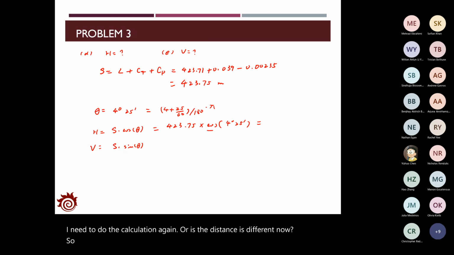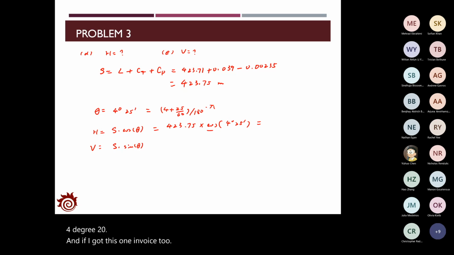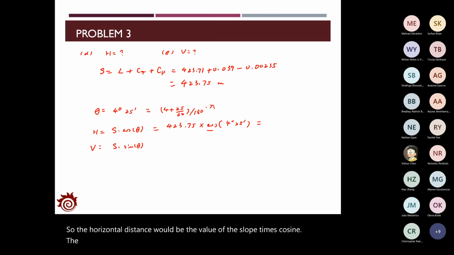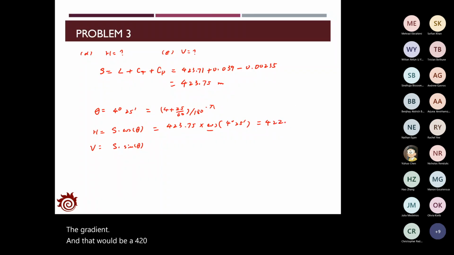Let me find the value for 4 degrees 25 minutes. So the horizontal distance would be the slope times cosine of the gradient, and that will be 422.49 meters.